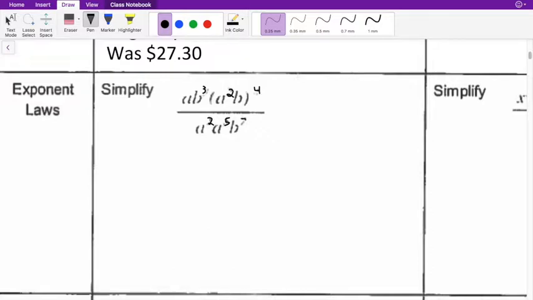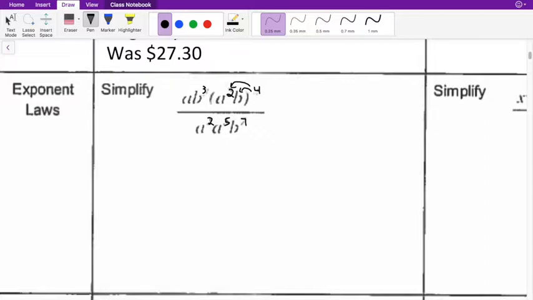With any question like this, I want you to do, of course, BEDMAS. We're going to do brackets first, exponents, everything like that. But also do the top first and do the bottom before you do this division part. So let's do the top here. The first thing that needs to happen is we need to take care of this exponent, slash bracket. We have a power to the power, so we're going to take this power in to both spots here.